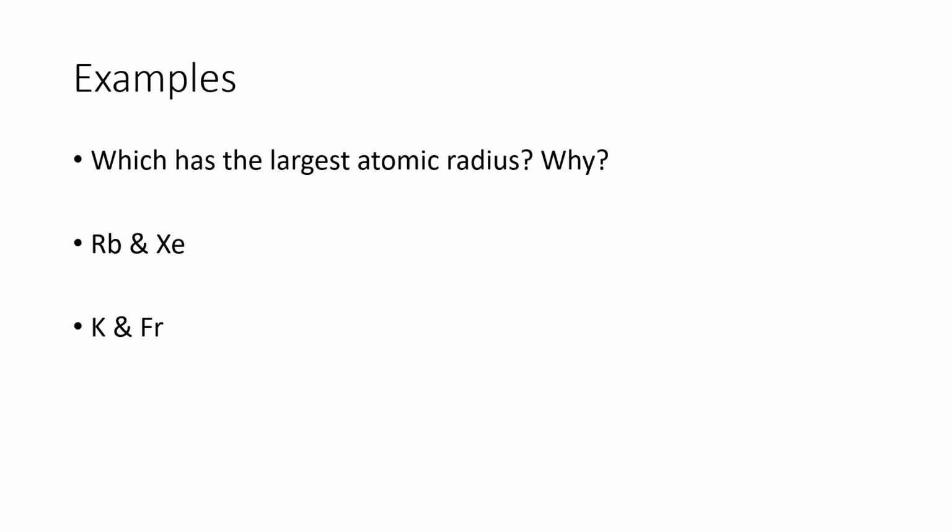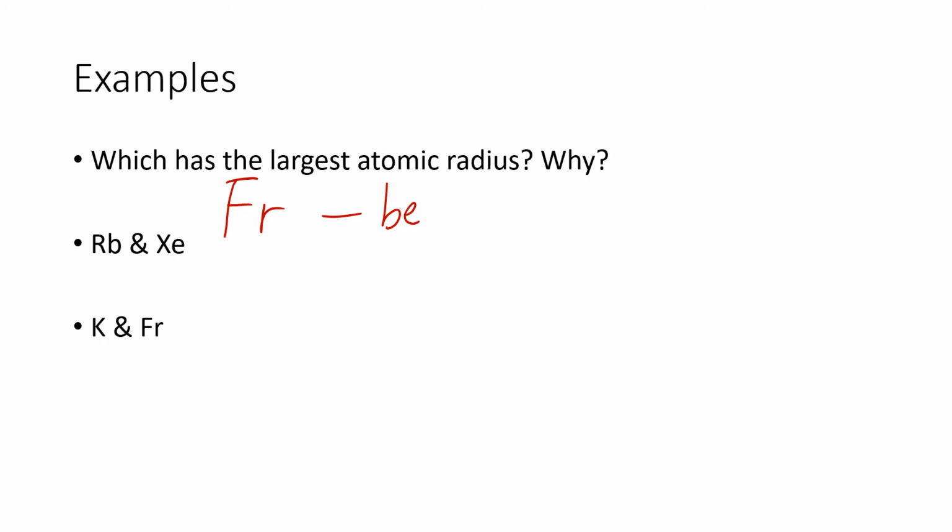So examples, what is the largest atomic radius and why? It should be francium or Fr. Why? Because, and don't say it's because you're going down. I'm not looking for that, because you're just repeating the trend, which is the most basic answer you can give, and I'm not looking for that.